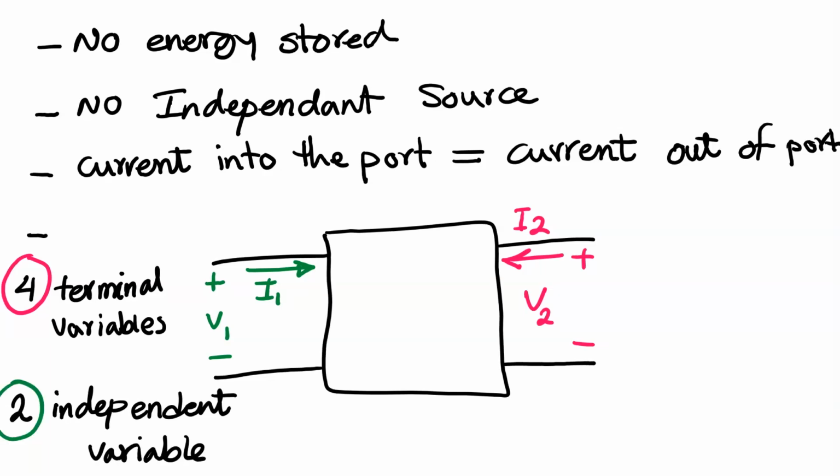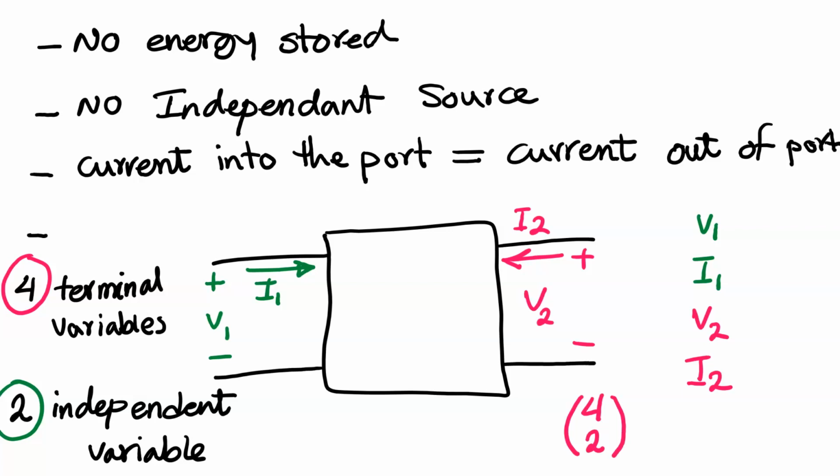So it means that among V1, I1, V2, and I2, I can choose 2 of them to be my independent variables, and then the other 2 variables can be described based on my selected independent variables. So I have 4 variables, and I have to select 2 of them as my independent variables.